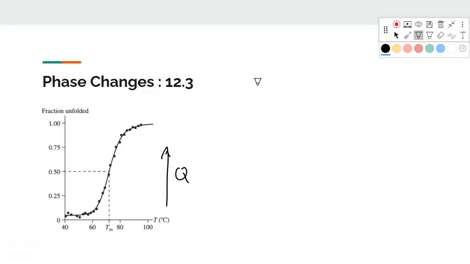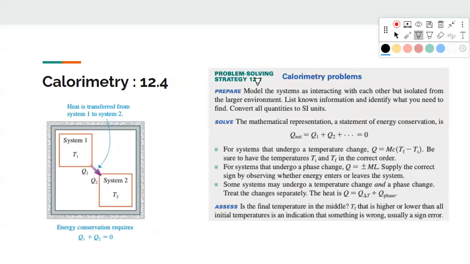Once the protein is all unfolded, it starts to be able to change its temperature again as heat is added. So it's a fun example of a biological process where you see a phase change that's not a solid, liquid, or gas phase change. It's due to the amount of protein in some region that's folded or unfolded. You don't actually have to do any calculations with that at the moment, but I thought I'd mention it.